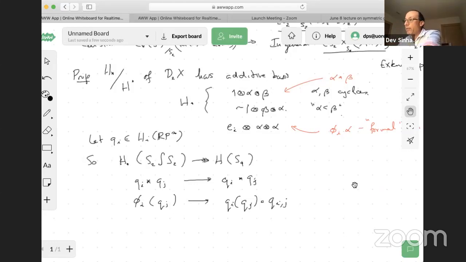But then, what that really says is that from this perspective, I claim that the main work in establishing the homology is establishing Adem relations.